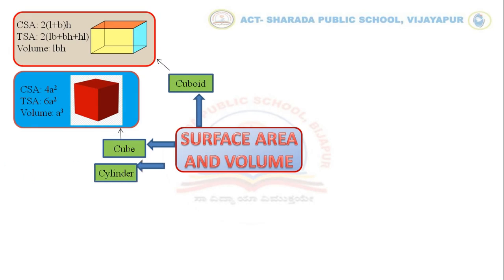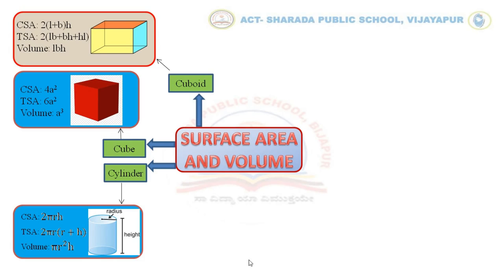The next one is the cylinder. A cylinder is obtained when a rectangle is rolled over its length or breadth. Therefore, the height is the length or breadth of the rectangle, and the base of the cylinder, which is in circular form, comes from the other side.